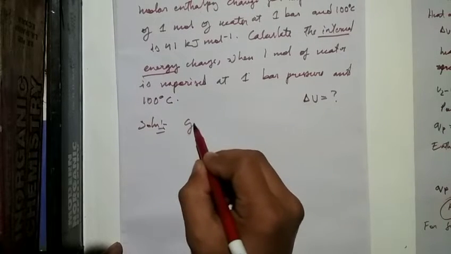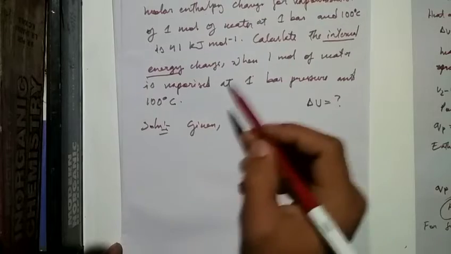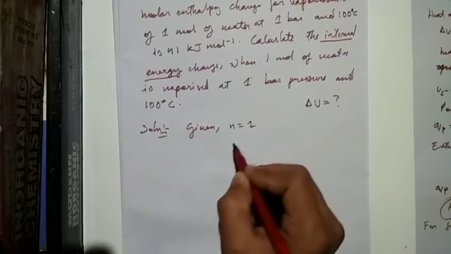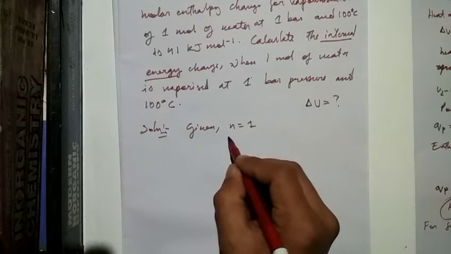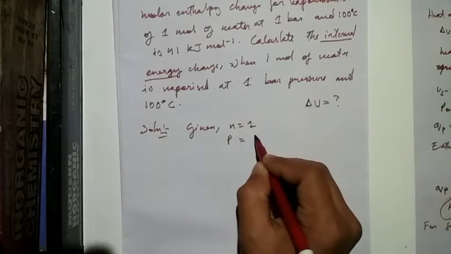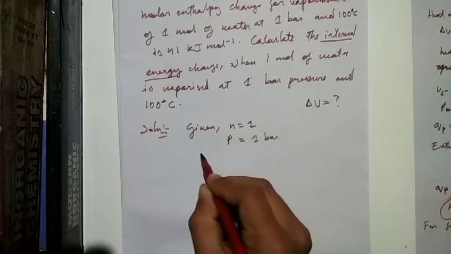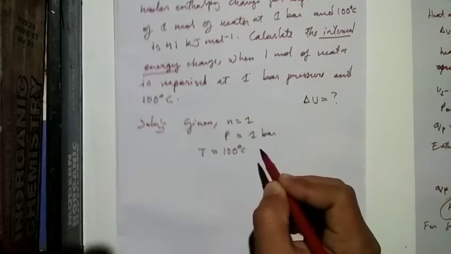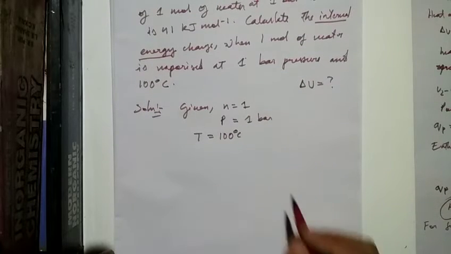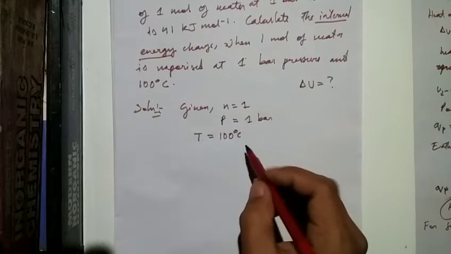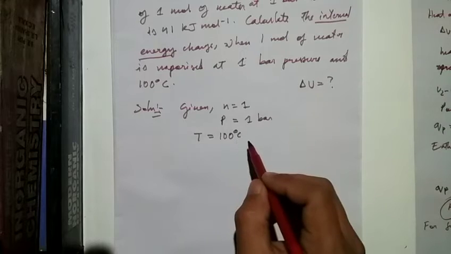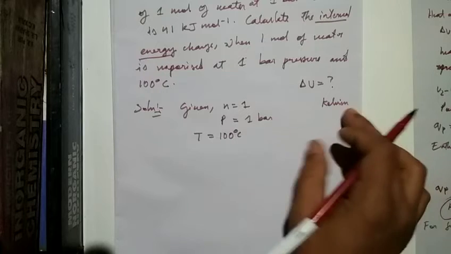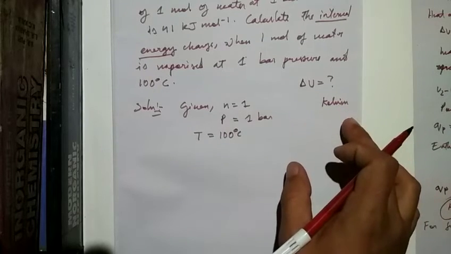So what is given? 1 mole, so n is equal to 1. Pressure is given, 1 bar. Now temperature is given, 100 degrees Celsius. While calculating we have to convert this degrees Celsius to Kelvin. I think you have studied about this conversion in unit 1.